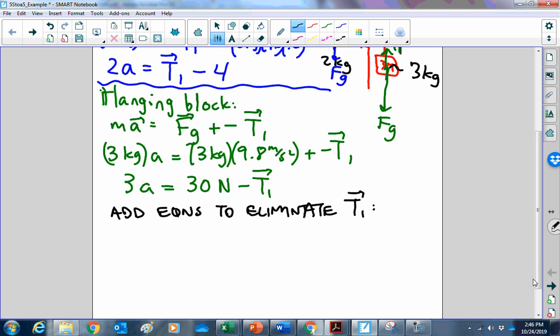So I've got 2a, and technically this is negative T1 plus 30.